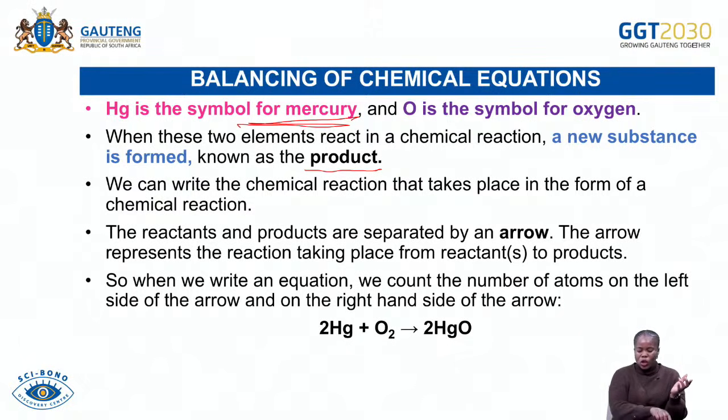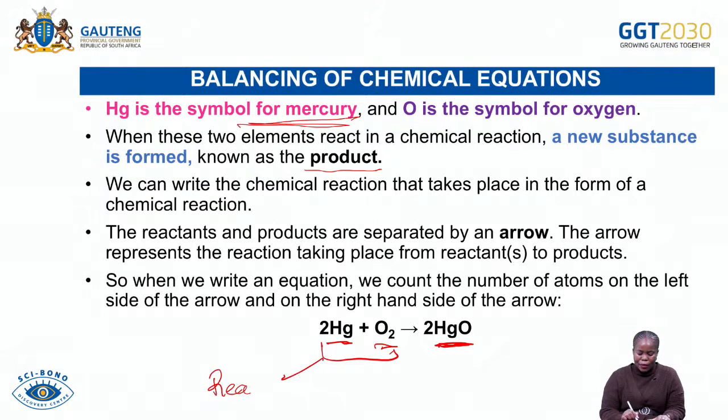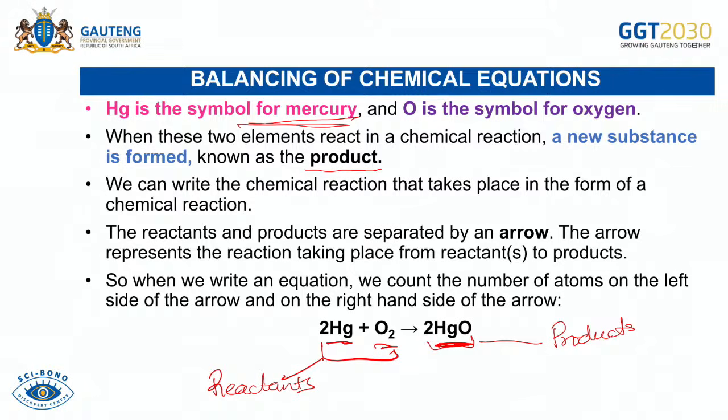You've got your mercury, it is reacting with oxygen, and then it is forming mercury oxide. So this side are your reactants, and this is your product. In the middle, the arrow is showing which side the reaction is going to.